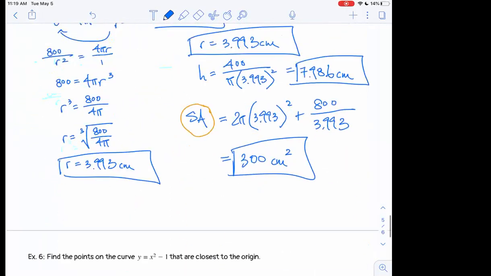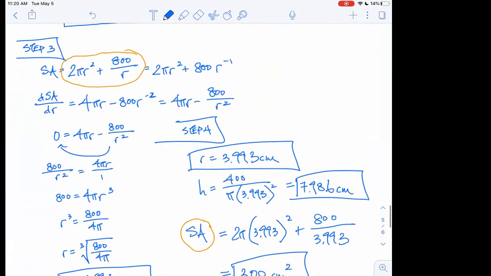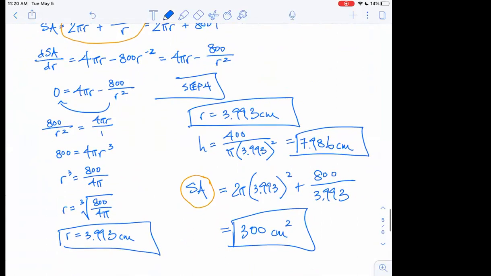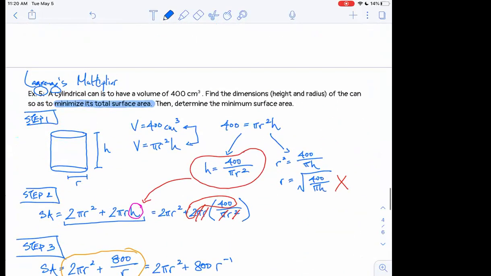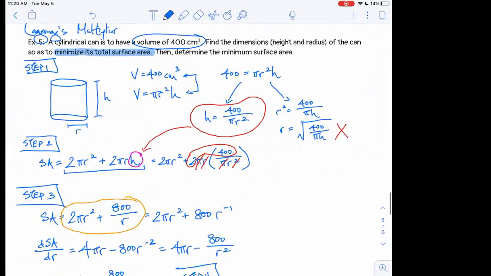I have a question. Yes. So we just solved for surface area and everything. But how do we know it's the absolute minimum because we took the derivative? Yes, so we know that it is the minimum if the volume of the can is 400 centimeters cubed. And if you graph this one, I think it looks something kind of like this shape.